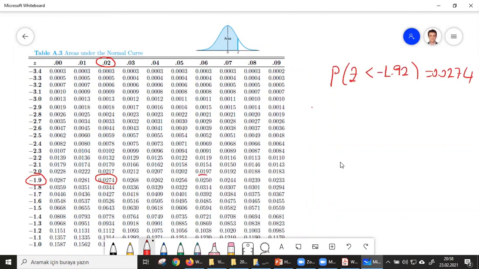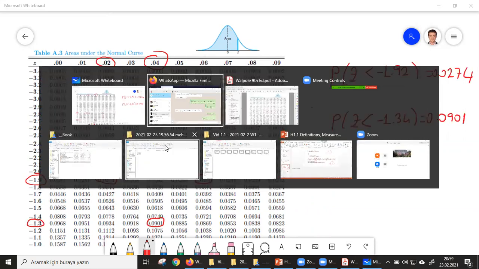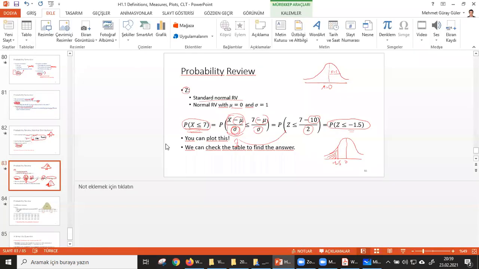Or let's take another value here. 0.0901. Okay, so this is minus 1.34. That's equal to 0.0901.